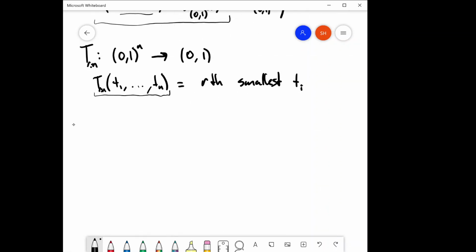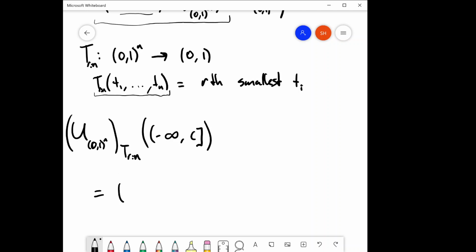Okay, the push forward of U(0, 1)^n under T_{r,n} applied to some interval (-infinity, c] is going to be the same as the uniform on (0, 1)^n of T_{r,n} less than or equal to c.